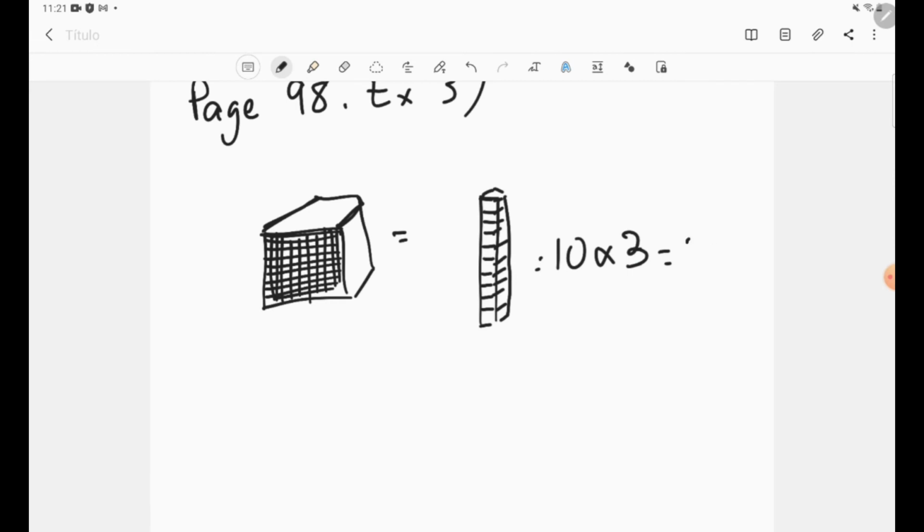So we have 30, and then we have another small column like this with 1, 2, 3, 4, 5. Okay, like this.